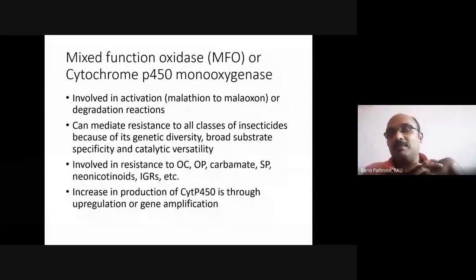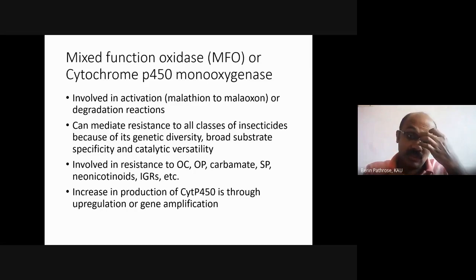And many papers, actually, I forgot the name of the scientist who works on this, and that scientist is at Cornell. Jeffrey Scott, yes. Jeffrey Scott is one scientist who works extensively on cytochrome P450 monooxygenases.